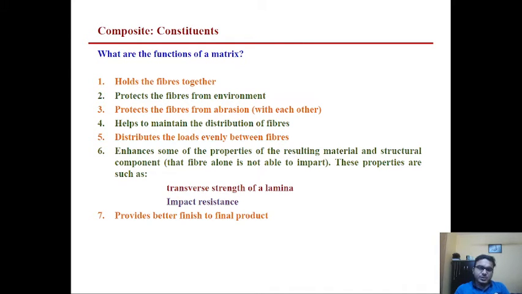It also distributes the loads evenly between the fibers, and it enhances some of the properties of the resulting material and structural component. Such properties are the transverse strength of the lamina and impact resistance. And last, it provides a better finish to the final product. So these are the functions of a matrix.